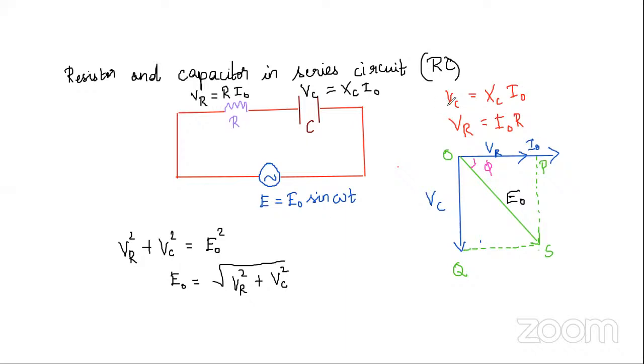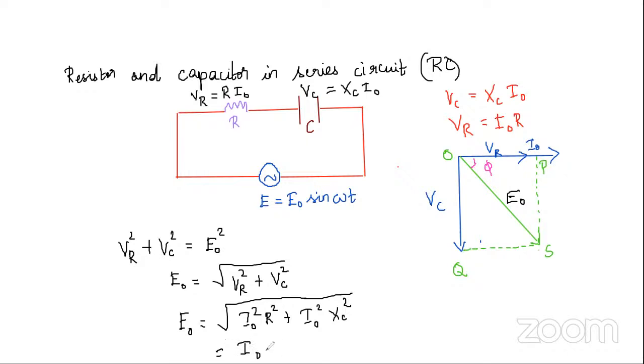From the expressions for VC and VR, we can simplify this equation. E0 is equal to the square root of VR squared, which is I0 squared R squared, plus VC squared, which is I0 squared XC squared. Here you can take I0 squared as common, and when you apply the square root to I0 squared, you get I0.